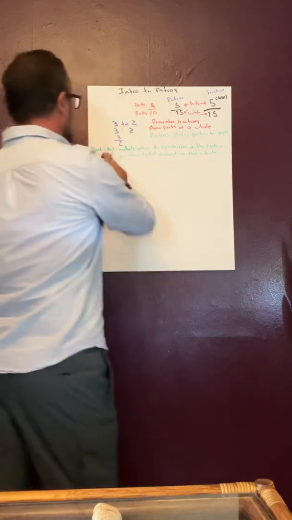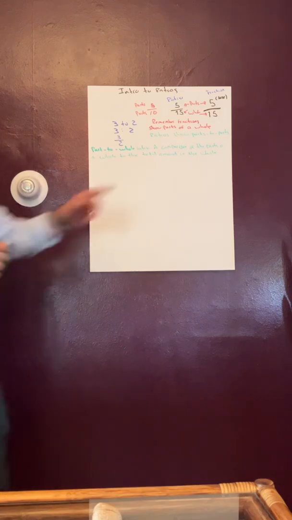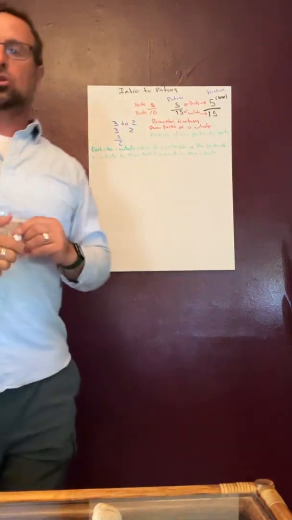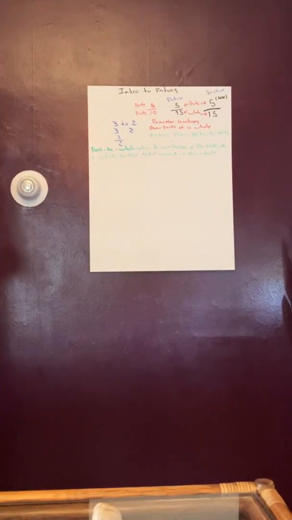Okay. Part to a whole ratio. A comparison of the parts of a whole to the total amount in the whole.